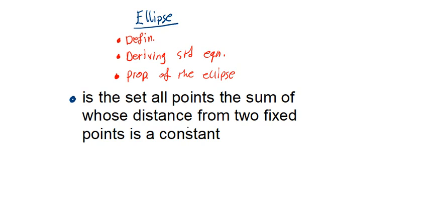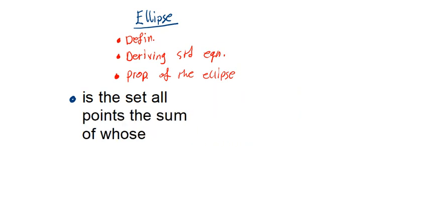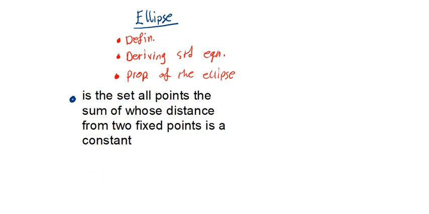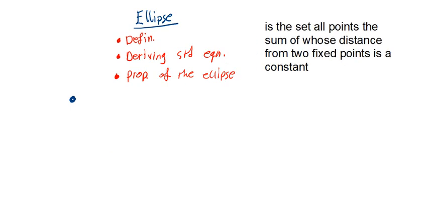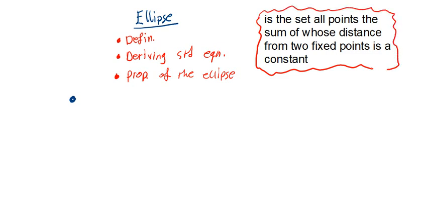Let me put this somewhere up here on top, and you're going to see this making a lot of sense from how we are going to derive the equation. We have to save this right here. We'll attend to it a bit later. Okay, so that is basically what the definition is.